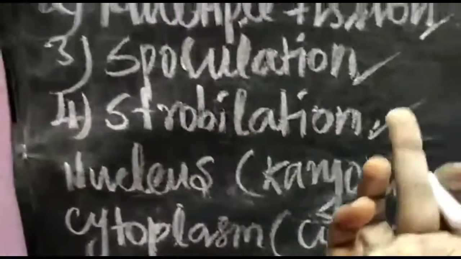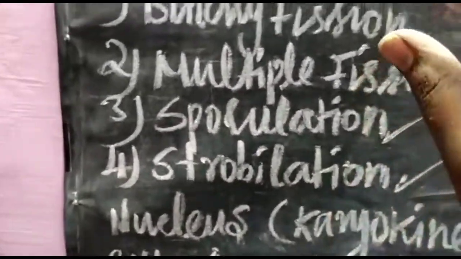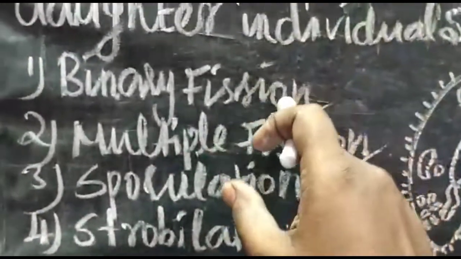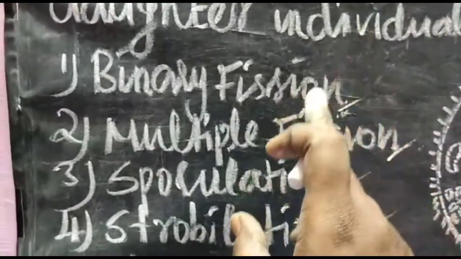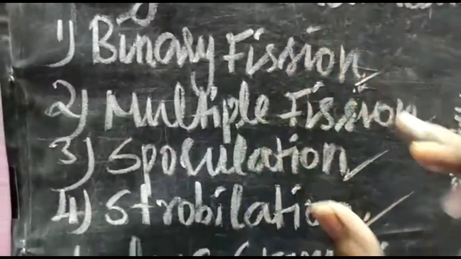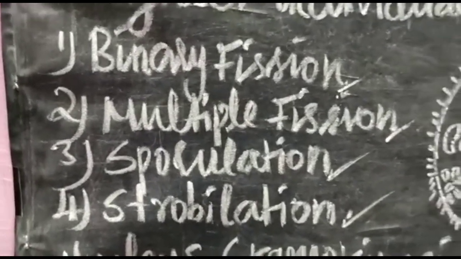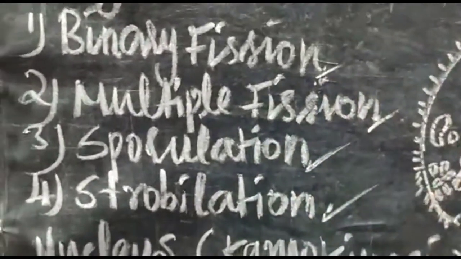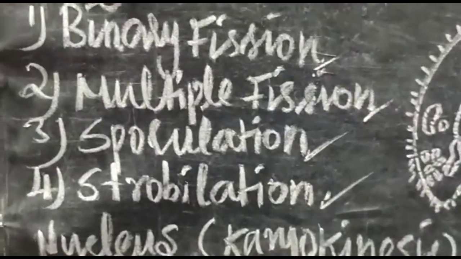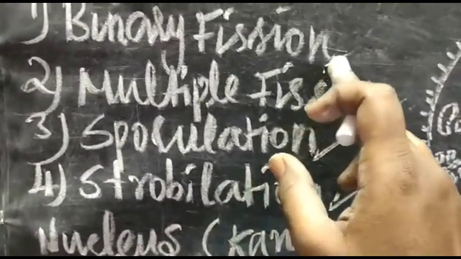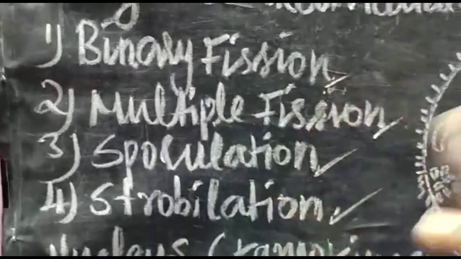The resulting offspring are genetically identical, so both look the same. Depending on the plan of division, binary fission has the following types.